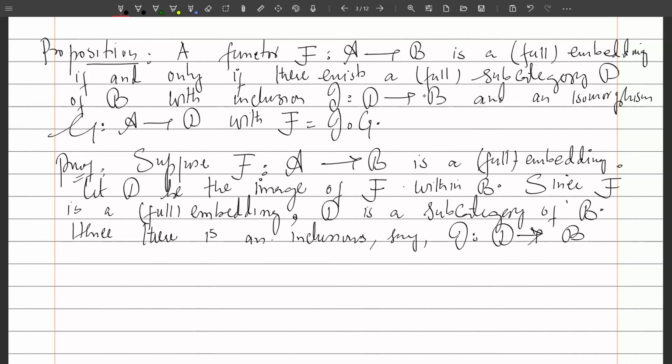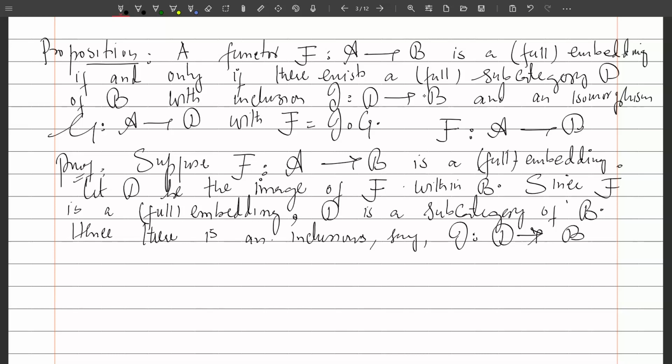One should note here that the category D and category A are isomorphic, because this F is full as well as faithful. F takes A into B, and F maps A to D. Now F from A to D is given to be an embedding. Restricting the codomain to the category D, it turns out to be full as well. So that means F is an isomorphism.